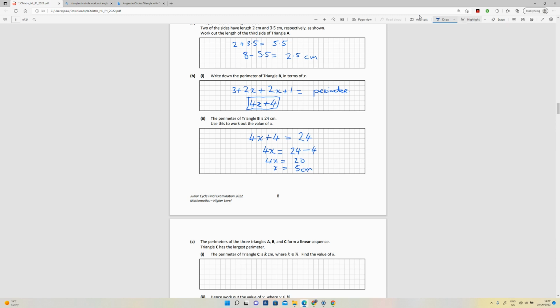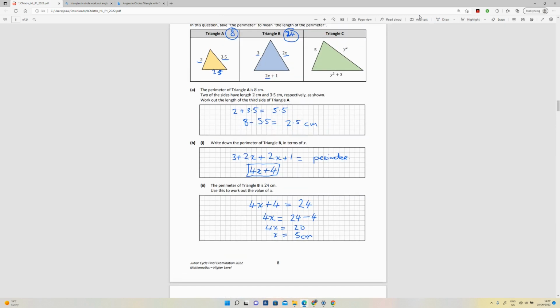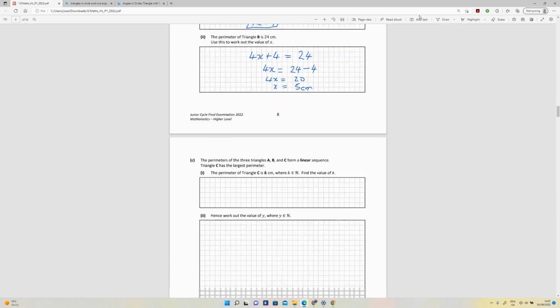So that's my answer for x in that case. So that's a 10, and that's 10 plus 11. Okay, so 24 is my total. So if that is right, so that's 11 plus 10 plus 3 is 24. Okay, which is what they've given us. So that adds up to that perimeter.